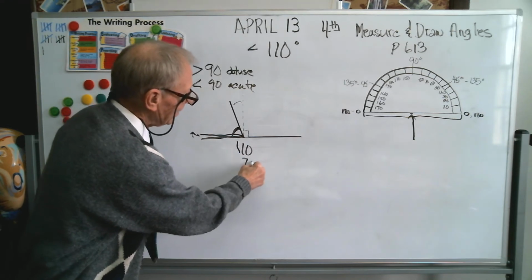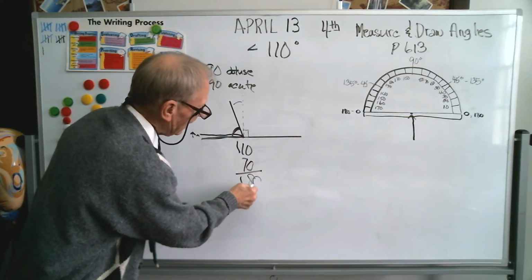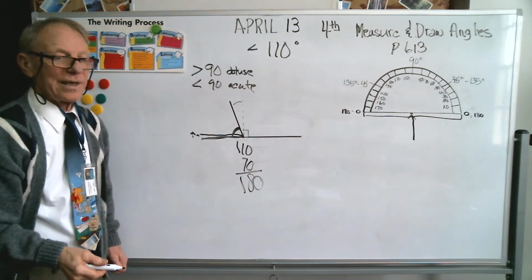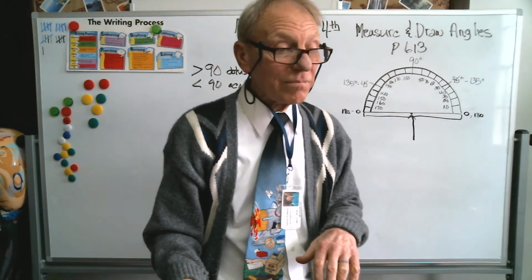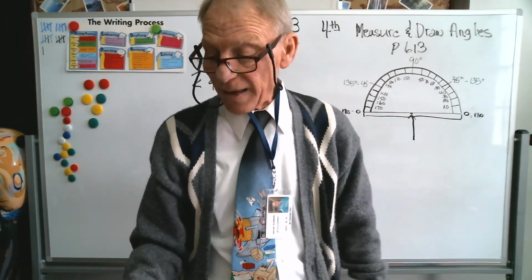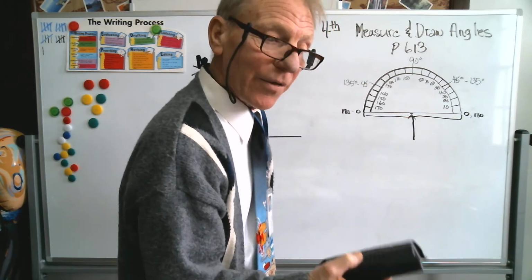It's got to be 70 degrees, because altogether it always has to equal 180. So if you know one angle, mathematically, you can determine what the other angle is.